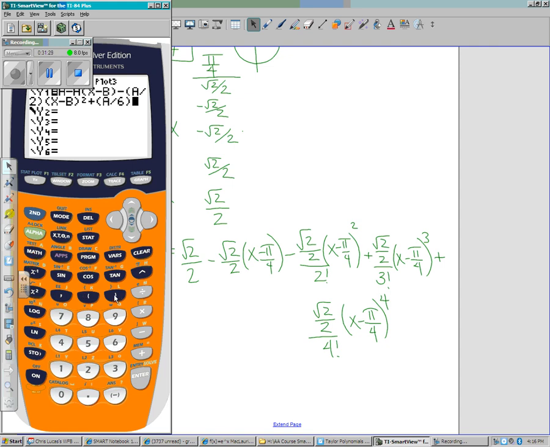There is a fancy shortcut key on your TI-89 for factorials. I'll have to remember what it is. It might be something like diamond bar or something. I'll have to look.